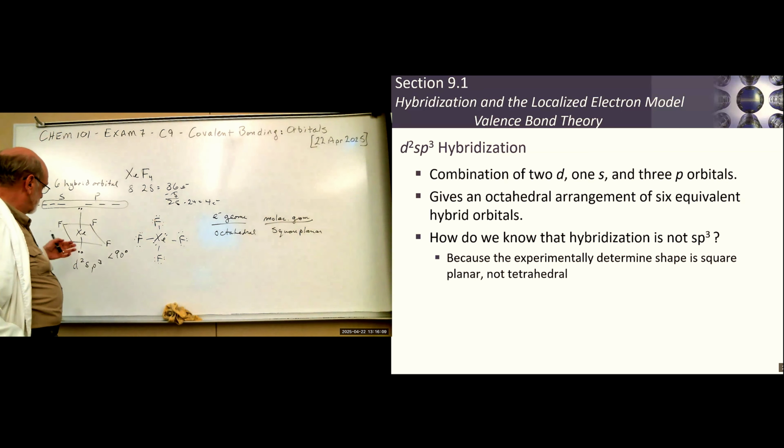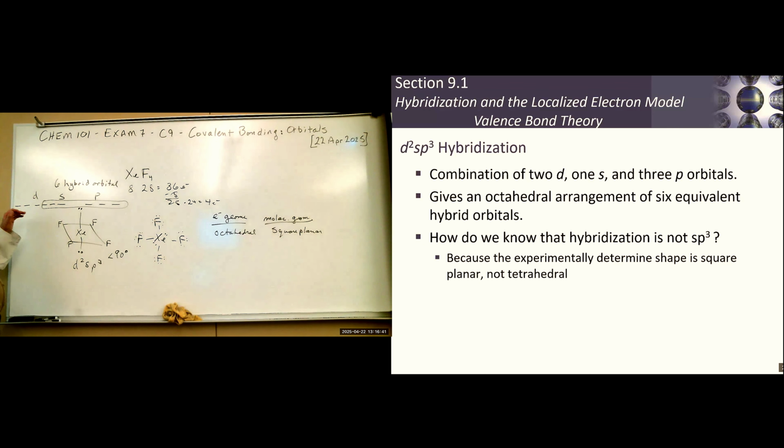Not only is it nonpolar, which it would be in either case, but the other means of investigating that molecule show us that it's not tetrahedral, it's square planar. So that is justification for giving it d2sp3 hybridization rather than sp3 hybridization.